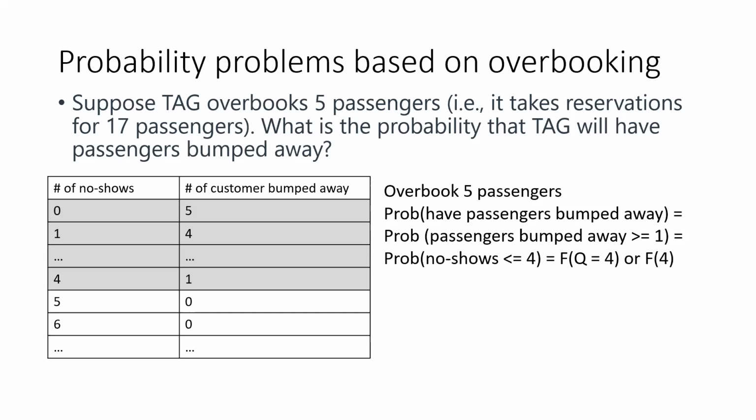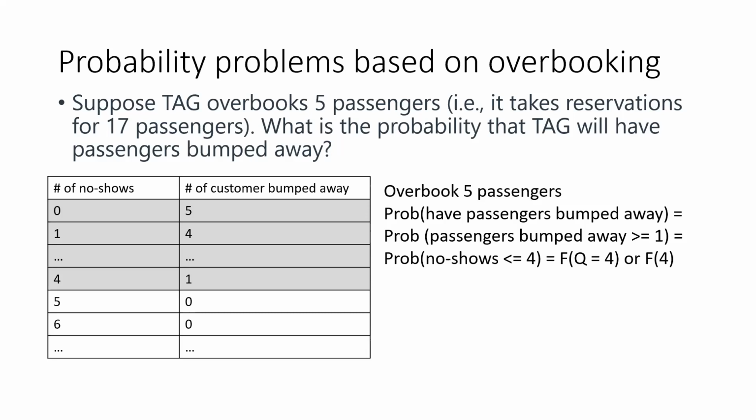In the first column, first row, we start from 0. If there are 0 no-shows with 5 overbooked, then 5 customers are bumped away. If we have 1 no-show, 4 customers are bumped away, and so on. If we have 4 no-shows, 1 customer is bumped away. If we have 5 no-shows, 0 customers are bumped away.